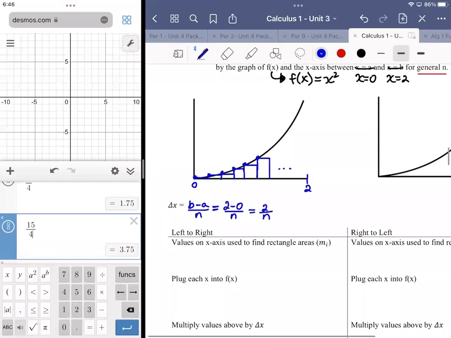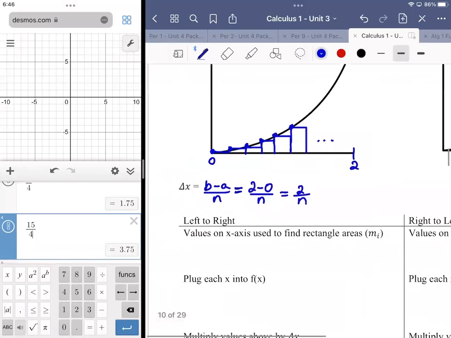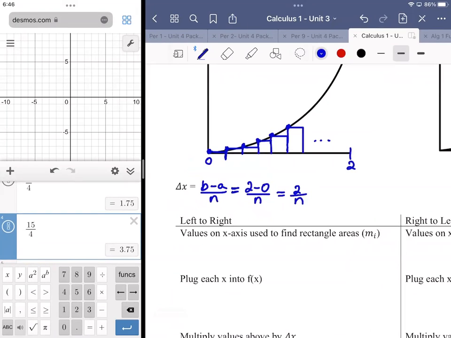So what we would say here is that we're starting off at 0, and we're going to get another point, another point, another point, another point, but that's all dependent on what n is equal to. All right, so my first value would be 0. My second value would be 2 over n, because I would take that 0 and add to it 2 over n, and that would get me my second value.